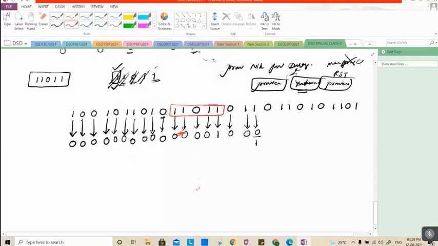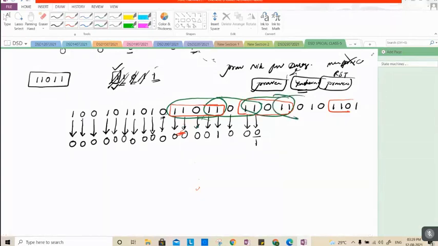The problem is whether to take the sequence in this way, or do I need to take the sequence in this manner? So that is the question now.